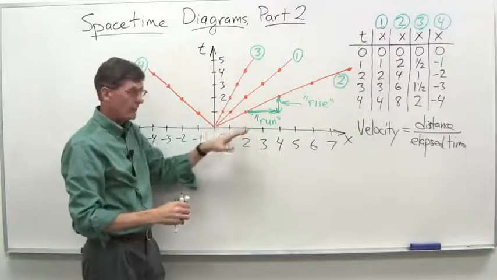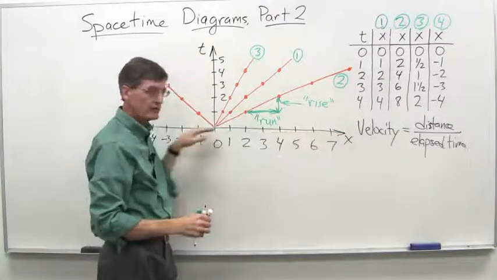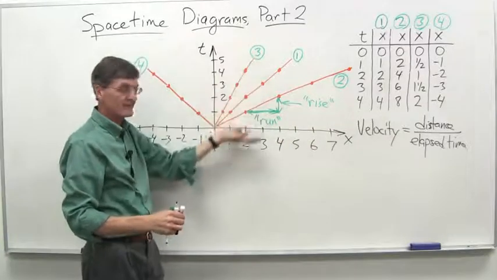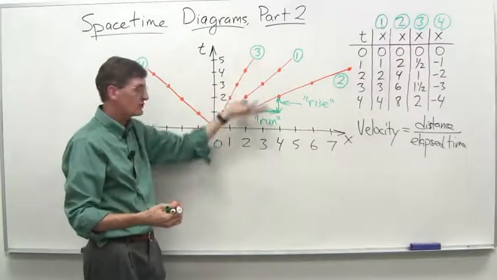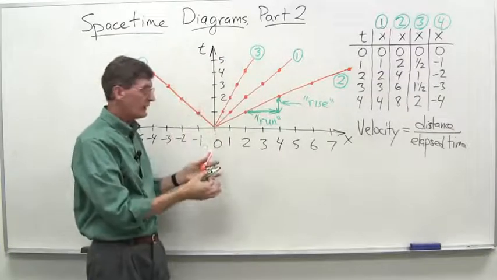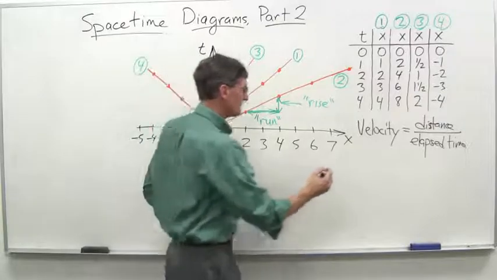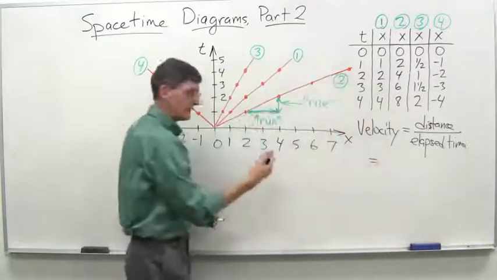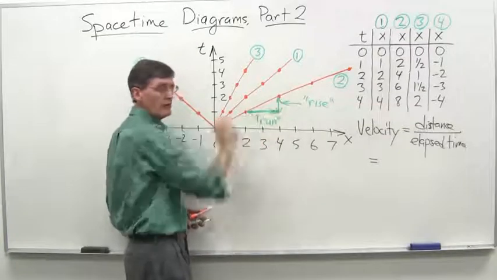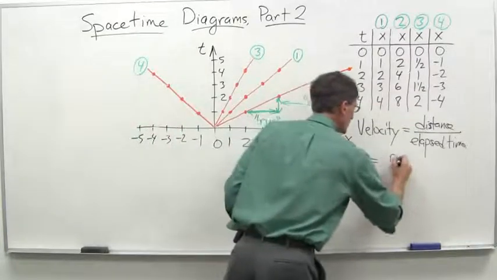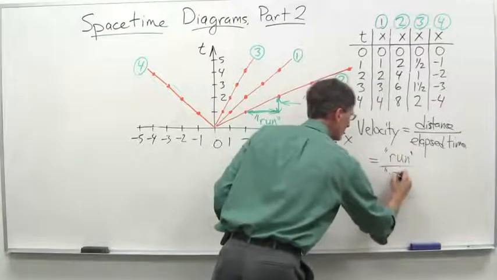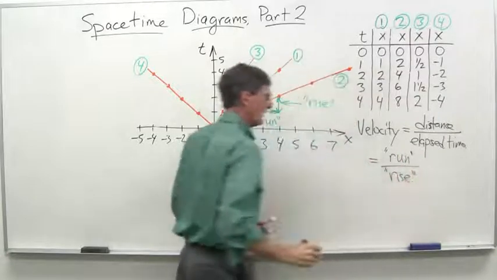Run on our space-time plot represents x distance, how far it's gone along the x-axis. Rise represents distance, in a sense, in time, how much time has elapsed. So we can say that on our space-time diagram, velocity equals, remember, velocity is distance divided by time. Velocity is run divided by rise.